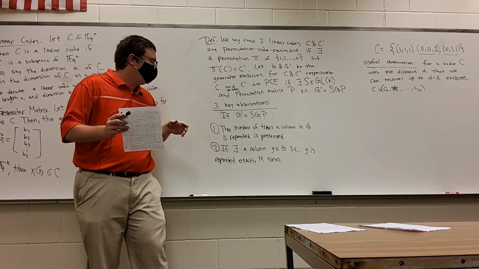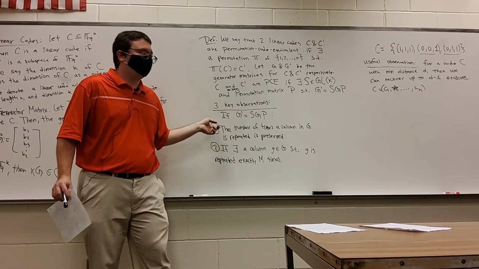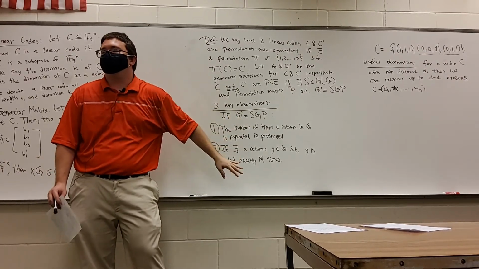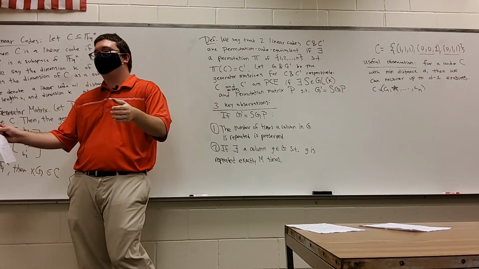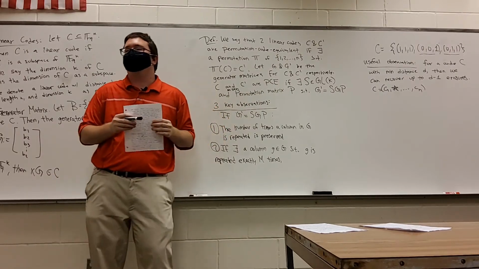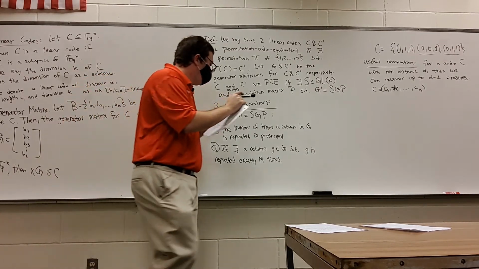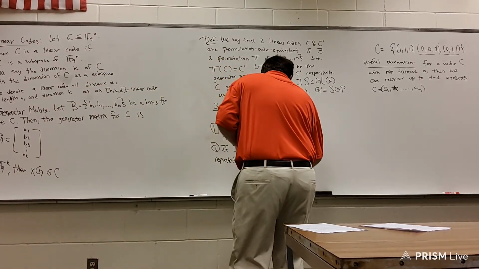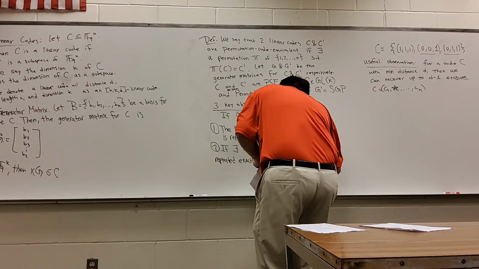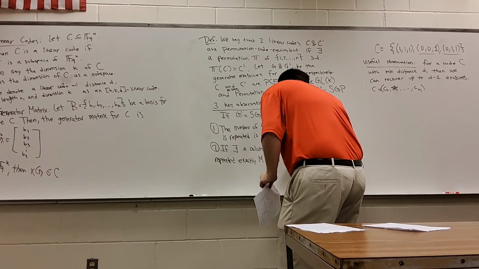And the reason, again, is because of the first observation: the number of times a column is repeated has to be preserved. So if there's only one set of columns that's repeated m times, it has to get mapped uniquely to another set of columns that are repeated m times. And G is the only column.